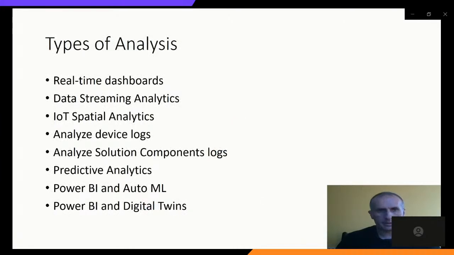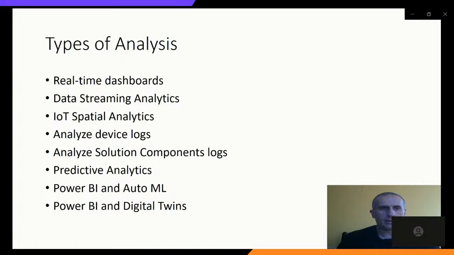Let's now see what kind of analysis we can have in Power BI. From one side, we can have real-time dashboards. We can have also data streaming analytics, where we can demonstrate some changes in live data. We have IoT spatial analysis. We can analyze device logs.